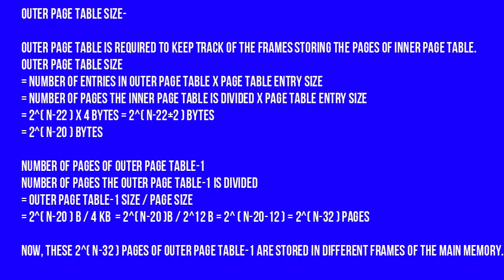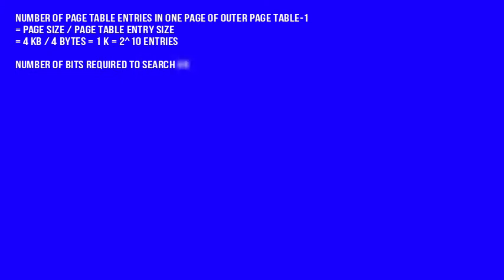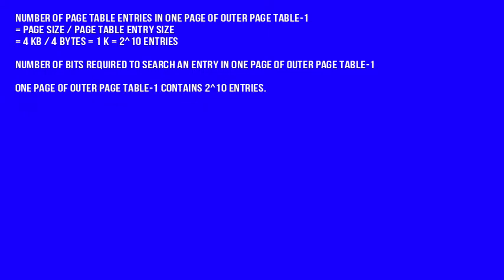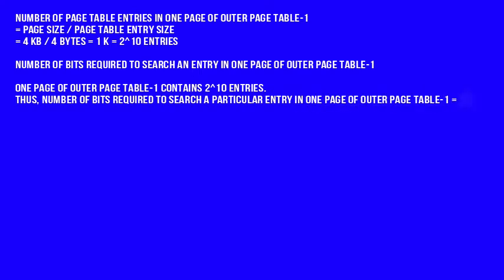The number of page table entries in one page of outer page table 1 is the page size divided by the page table entry size. This is the formula. The page size is given as 4 kilobytes and the page table entry size is given as 4 bytes. So 4 kilobytes divided by 4 bytes equals 1 kilobyte, which is 2^10 entries.